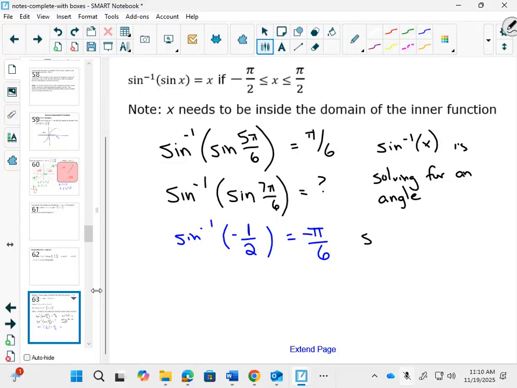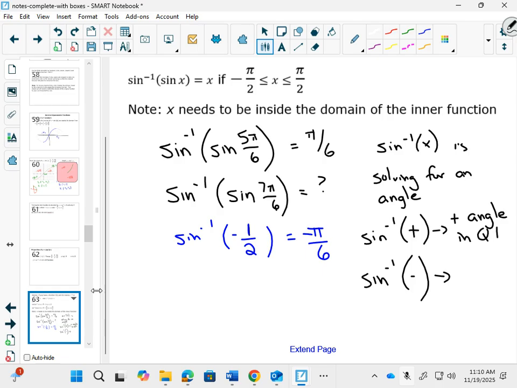Sine inverse of a positive number will be a positive angle, always in quadrant 1. And sine inverse of a negative answer, if you have a negative ratio, will always give you a negative angle in quadrant 4.